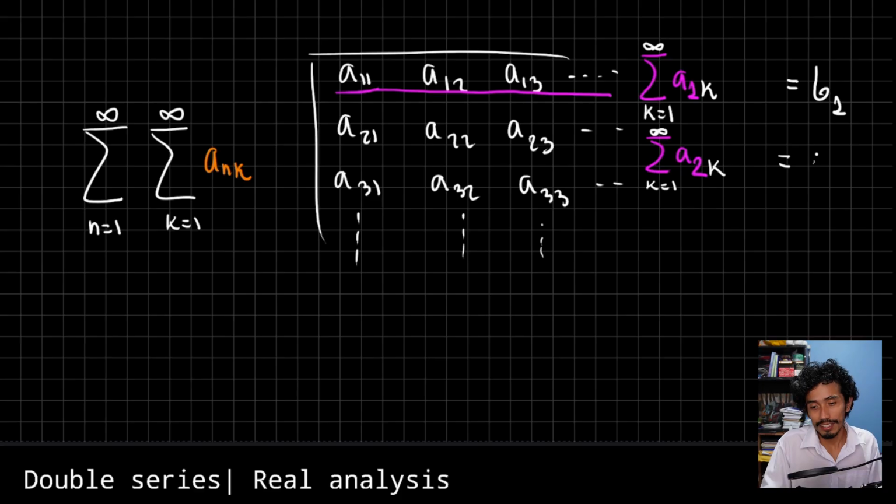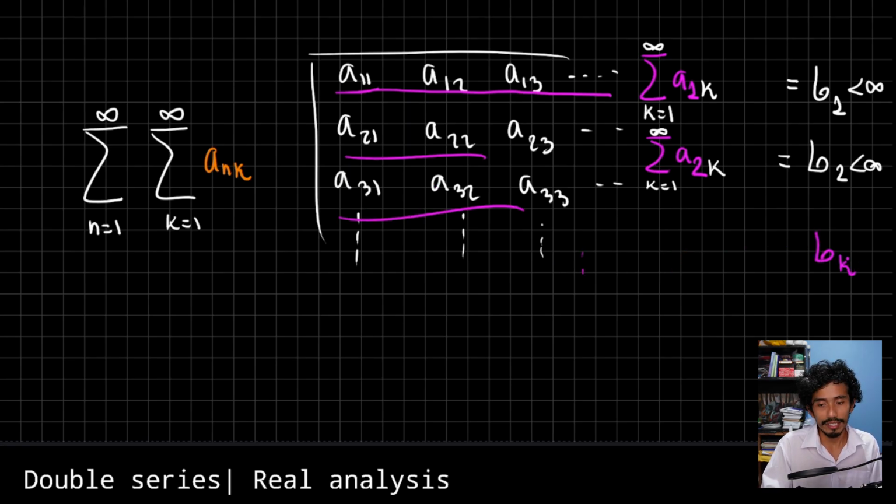Even if some rows were divergent, it could be that if we sum in columns, the columns could be convergent. There are a lot of things that happen. But for the sake of simplicity, let's call this B2, supposing that the summations of all of those rows are convergent. This goes on, and in the general term we will have some b_n.